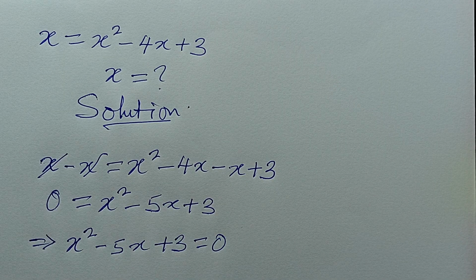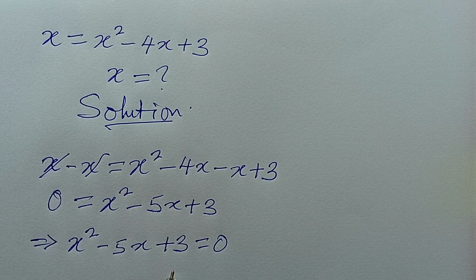Okay, now in solving this quadratic equation, you will agree with me that you either use the formula method or the completing the square method, but that will take you a longer time. So here is the thing you are going to learn from this. I'm going to use a trick that will equally lead us to the factorization method of solving this. So from this expression we have here, the number one thing we're going to do is this.